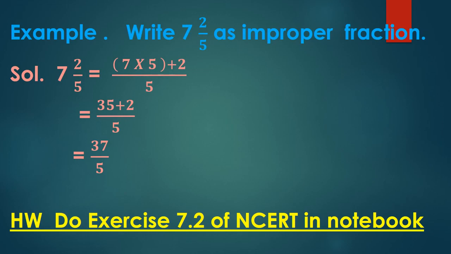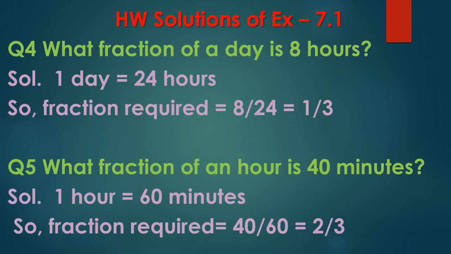The formula is: mixed fraction equals the quotient as the whole number part, or we can say natural number part, and remainder upon denominator as a proper fraction. Then we have learned how to convert a mixed fraction into an improper one by multiplying the natural number part by the denominator, and to this product we add the numerator, divided by the denominator.